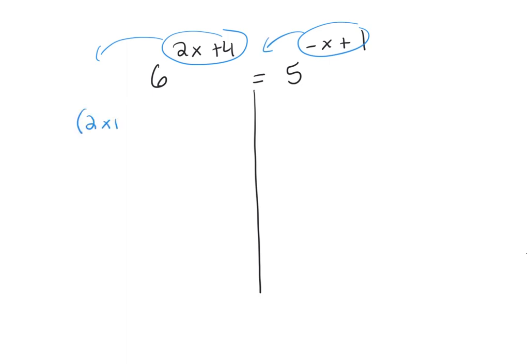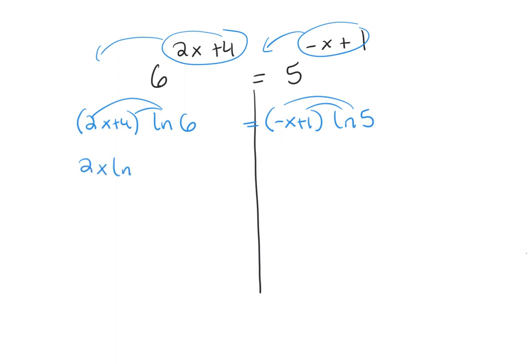So 2x plus 4 times natural log of 6 and negative x plus 1 times the natural log of 5. Then we distribute. So 2x natural log of 6 plus 4 natural log of 6 equals negative x natural log of 5 plus natural log of 5.